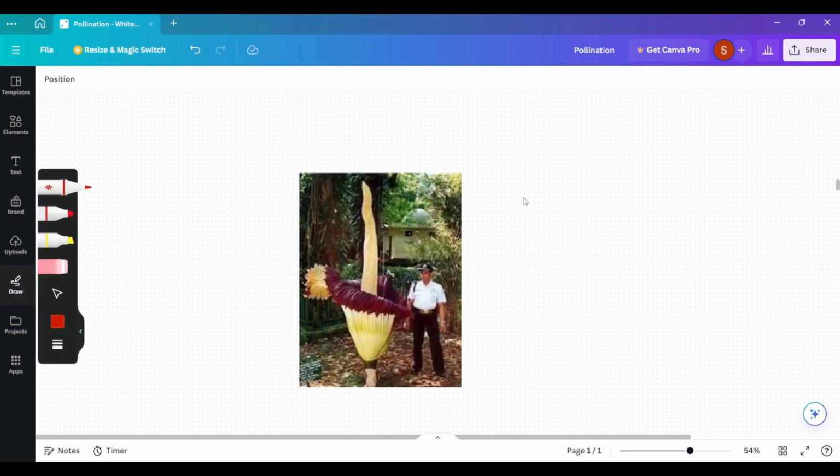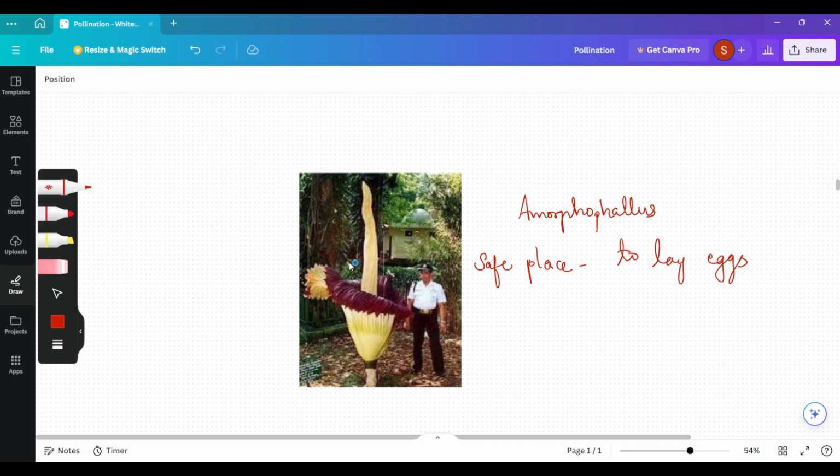In some species like Amorphophallus, which is the tallest flower, more than 6 feet in height, the floral reward is that they provide safe places for the insects to lay eggs. These flowers usually produce a foul smell, and that foul smell attracts the insects for pollination.